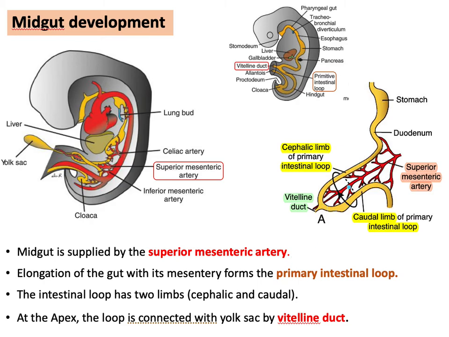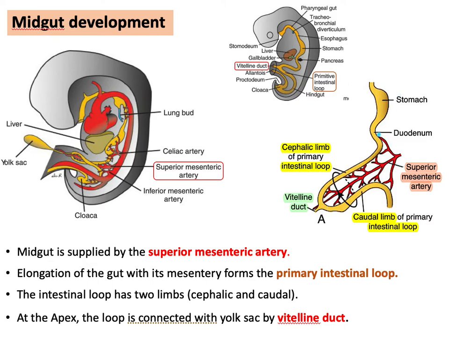Now, as I mentioned, here is the loop of the midgut, which, as you know from the previous lectures, is supplied by the superior mesenteric artery. Here's the primary intestinal loop, supplied by the superior mesenteric artery.